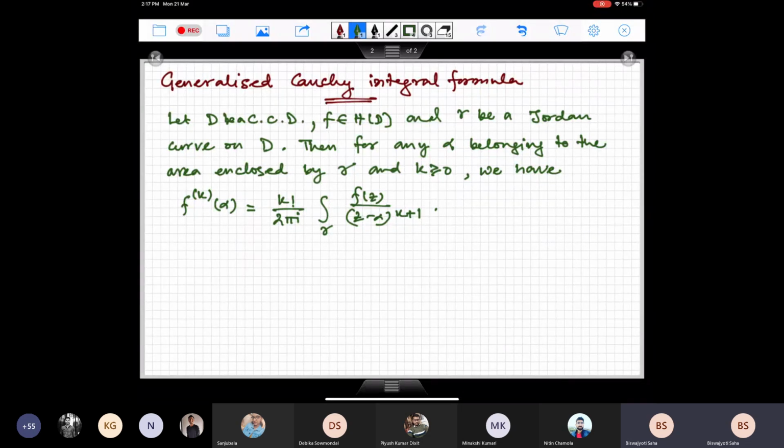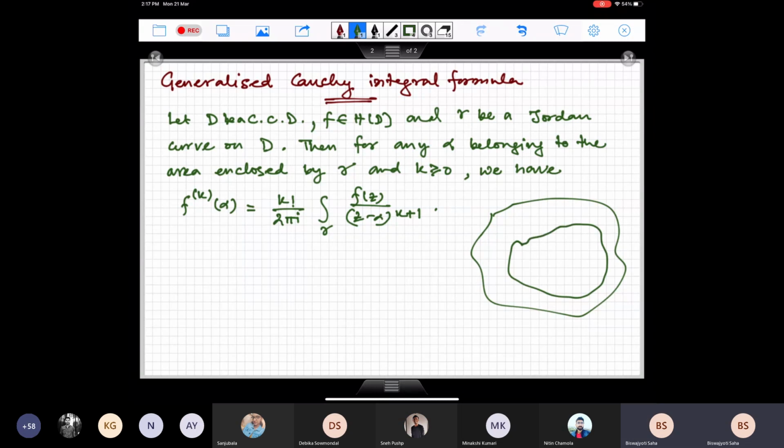This is a very general form. It just says that you have any closed curve domain, and on that you take whichever type of path you like. It need not be circular. All you need is that it should be a Jordan curve. Even if it is a circular path, you really do not need to take any center. You can take any point alpha, and the kth derivative of f at alpha is given by this integral.